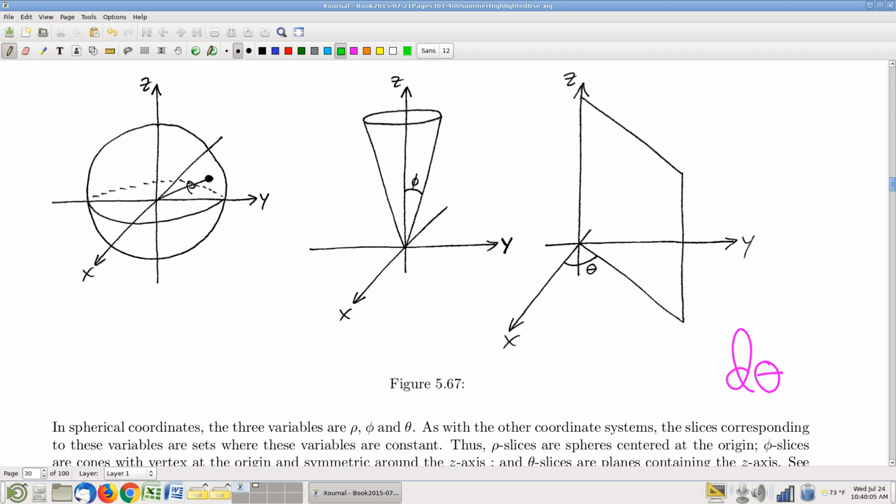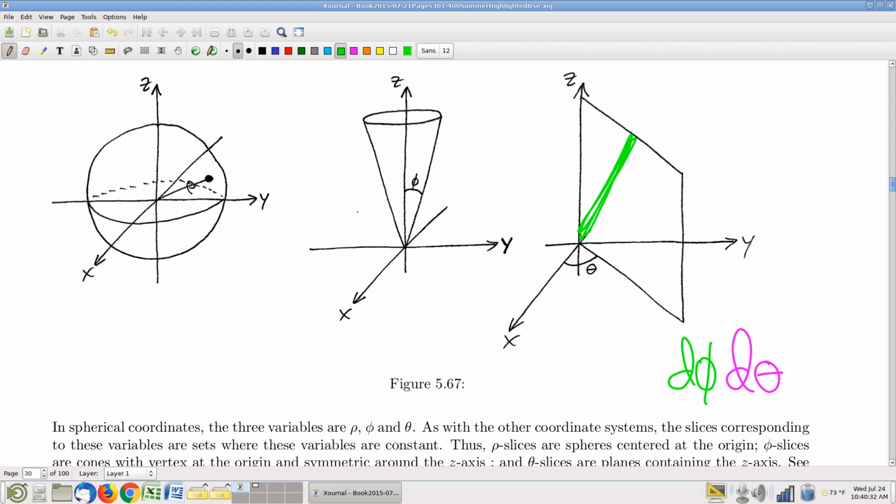Inside of your theta slices, in other words, next, notice that a phi slice at that point would just be coming from a cone like that. Inside of that theta slice, a phi slice is just a straight line. Right? So d phi is a very natural next choice to make.